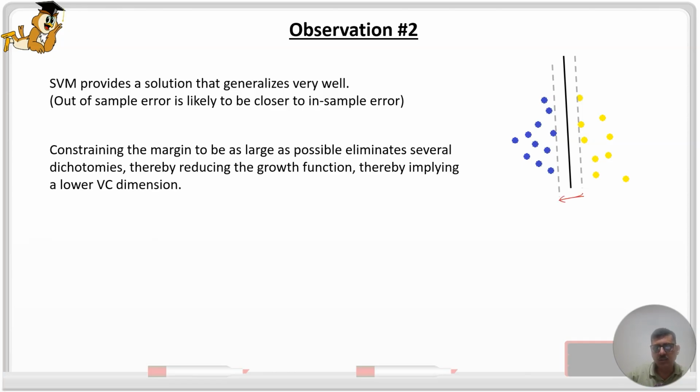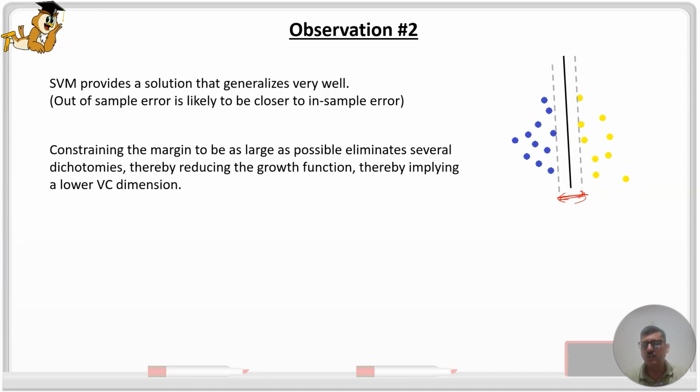Well, the way to think about it is to go back to many lectures ago when we discussed the VC dimension, the growth function, dichotomies and so on. The fact is that when you insist on a large margin, the number of dichotomies naturally reduces.